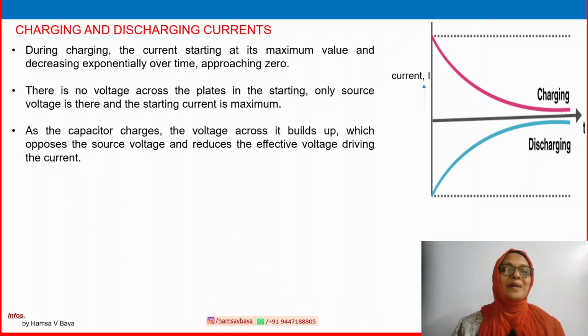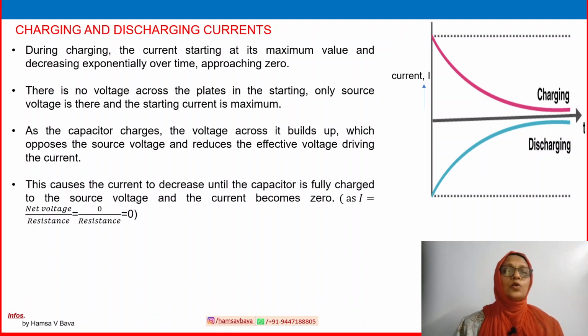We can see, as the capacitor charges, the voltage across it builds up, which opposes the source voltage and reduces the effective voltage driving current. That is why the current goes on decreasing. So this causes the current to decrease until the capacitor is fully charged to the source voltage and the current becomes zero, as I is equal to net voltage by resistance.